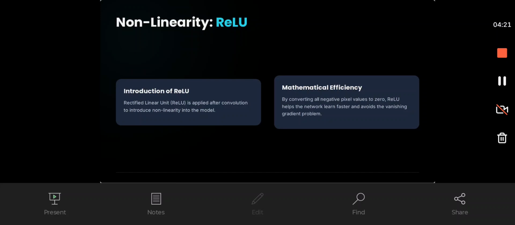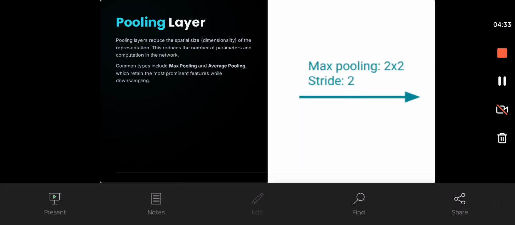Once features are activated, we need to reduce the image size and data while preserving the important information. This is achieved using pooling layers. Pooling layers reduce the spatial dimension of the feature map. This means they reduce the width and height of the data representation.